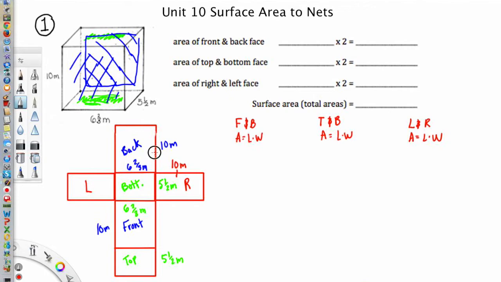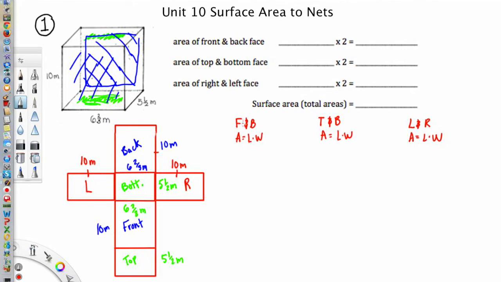And see, this side and this side share the same edge, so that makes sense. When I fold this up and I fold the back up, they're both going to share this edge, which is 10 meters. And the same thing is true of the length of my left side panel over here.